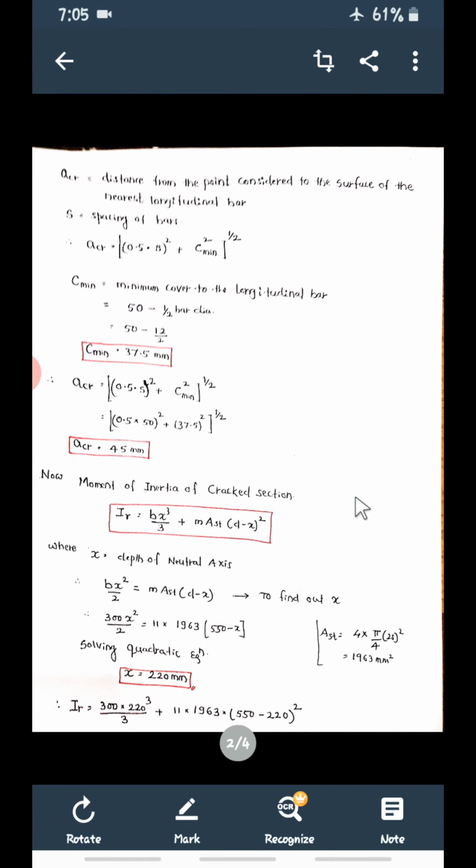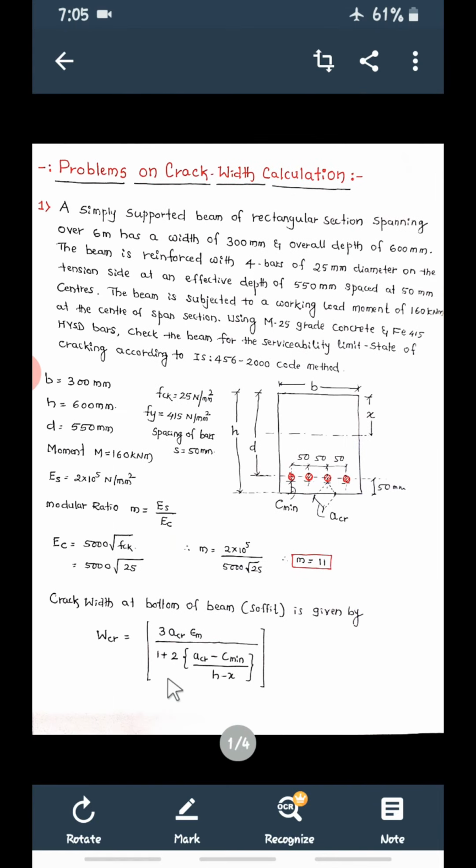Now once again, see that this is the formula we have to use to calculate the crack width. To calculate this, ACR should be calculated first, EM should be calculated, then X should be calculated. ACR, C minimum, EM.